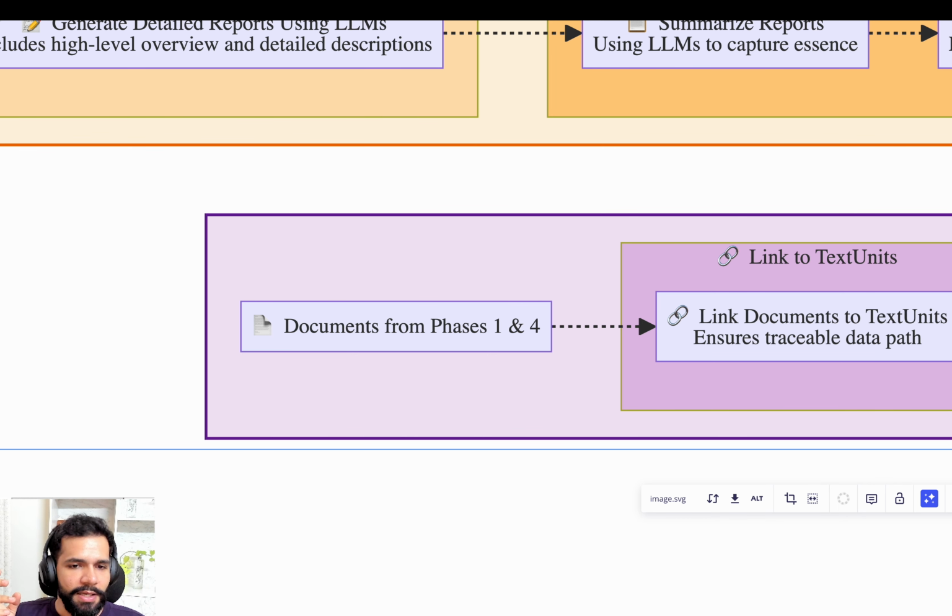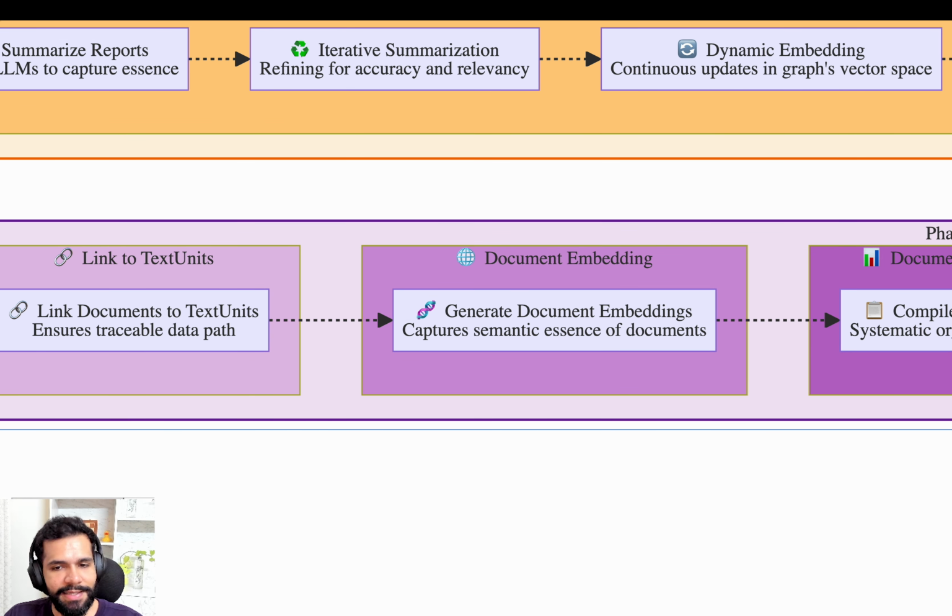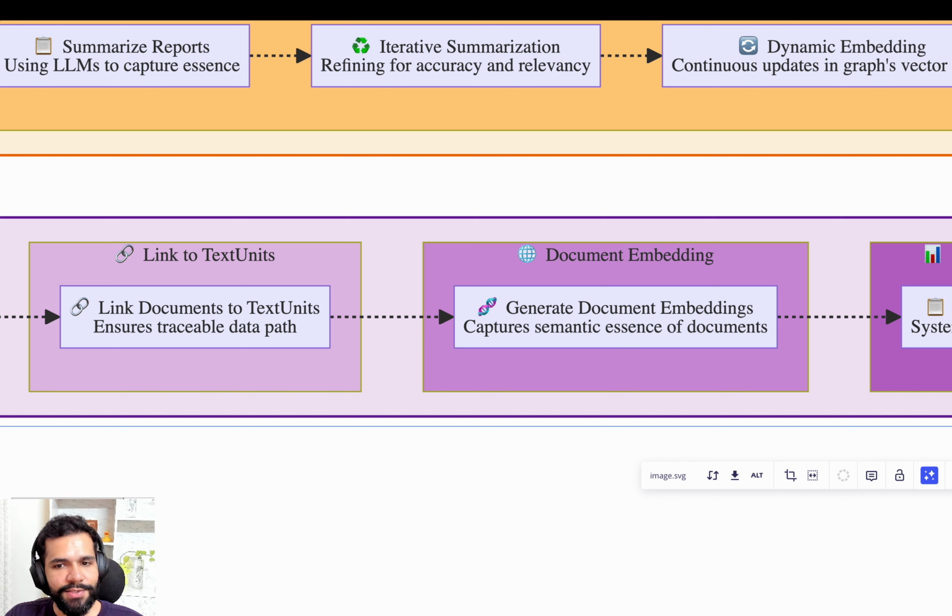For example, the use case that we have been following, there's a document which details the Dropbox company, and we would want to link it back to text units because the text unit contains the funding information, technological innovations, and market impact, etc. So this ensures that there's enough insights and data received so that we can accurately trace it back to its original source.